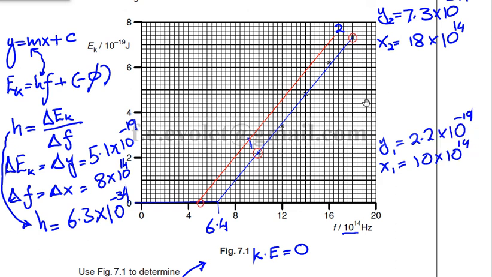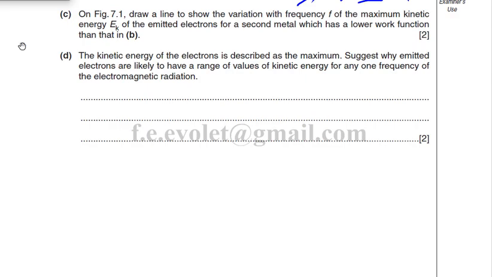Is it clear? So moving forward, the last part of the question states the kinetic energy of the electron is described as maximum. Suggest why emitted electrons are likely to have a range of values of the kinetic energies for any one frequency of the electromagnetic radiation. Actually, we use the word maximum for this equation, Ek equals hf minus phi. So we are using the minimum amount of energy required to knock out electrons from the surface.